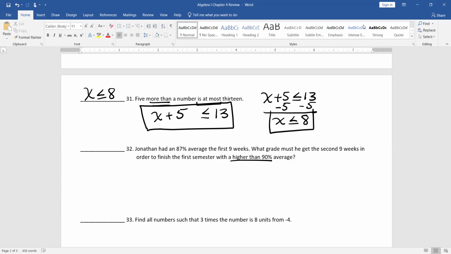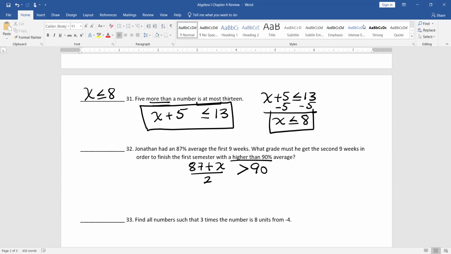So we need that number to be greater than 90%, and we're looking at average. So we're going to take what he needs to make for the second quarter, and we need to find an average. So this is his 87 plus whatever he needs to make the second 9 weeks divided by the fact there's 2 9 weeks, and that gives him his average.